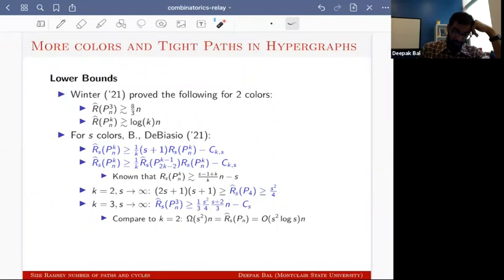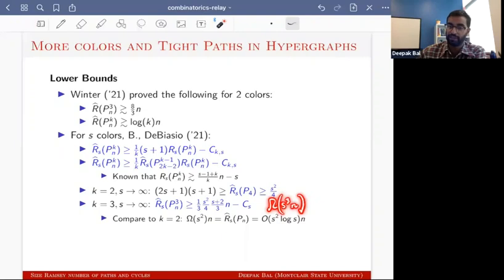Well, if I just plug everything into here, I essentially get a lower bound on the S color size Ramsey number of 3 uniform tight paths to be this thing, 1/3 S squared, which is essentially like S cubed N, at least S cubed N.